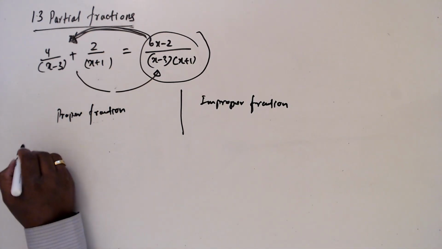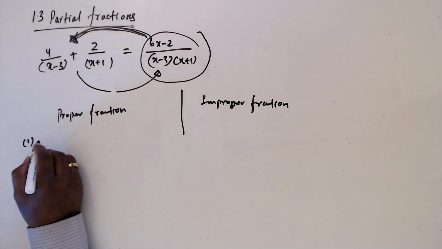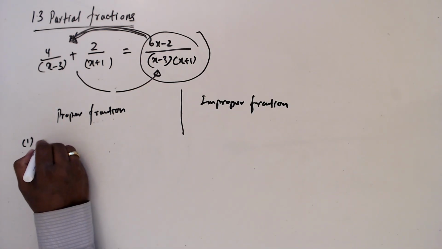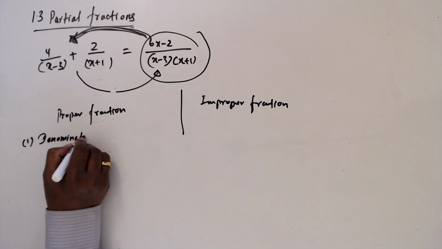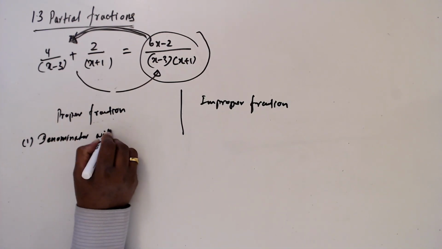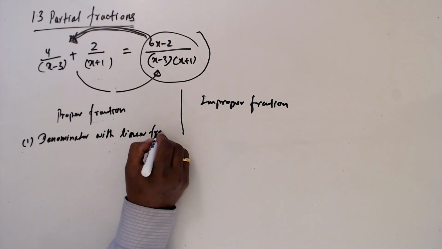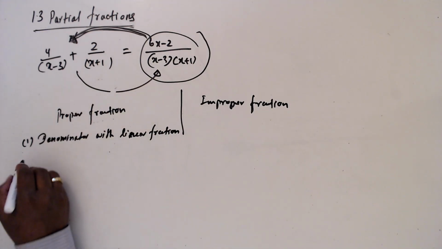If it is a proper fraction, we again divide it into 3 types. First, denominator with linear factors.